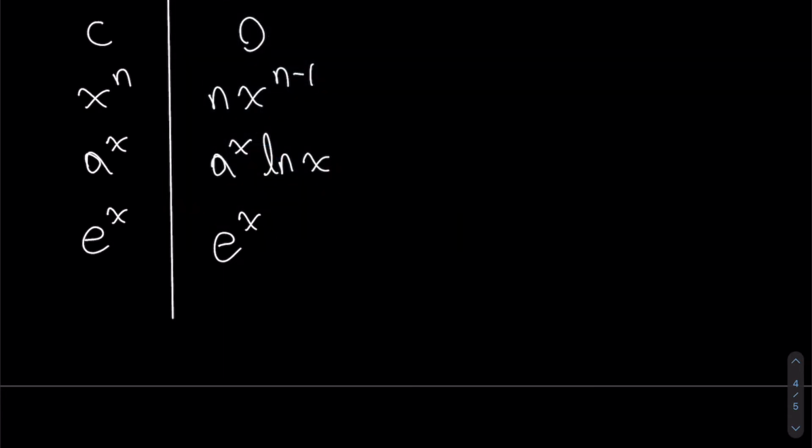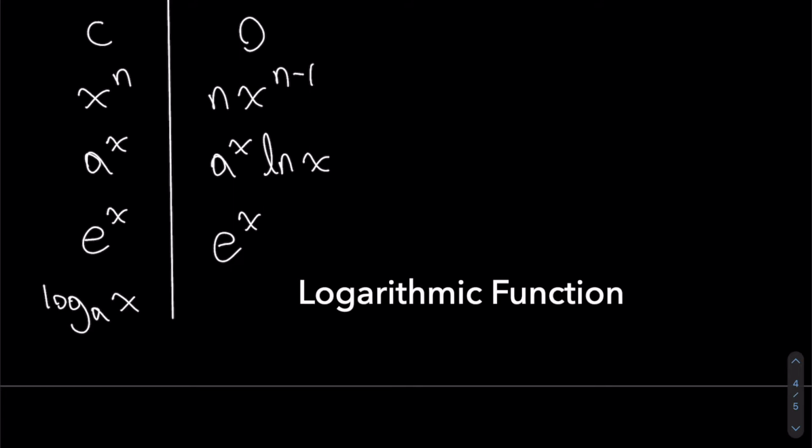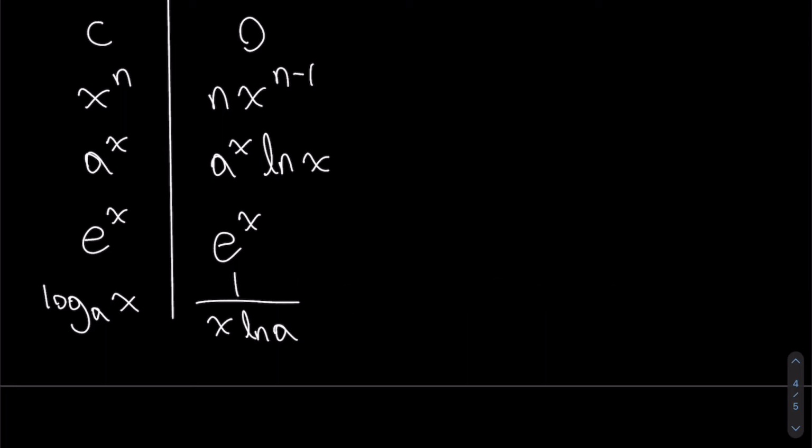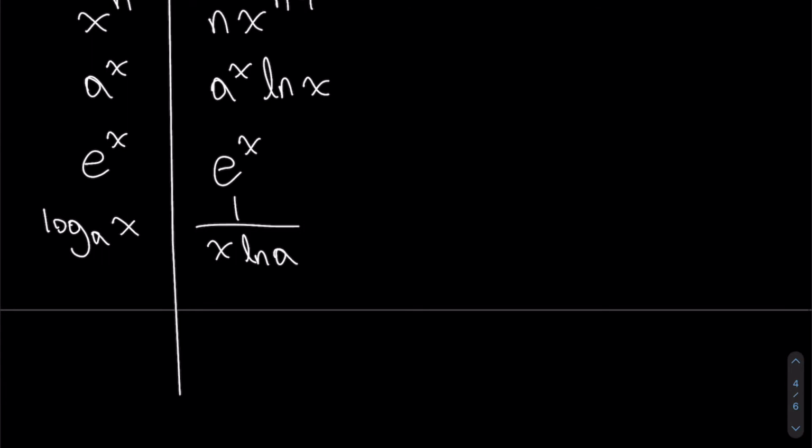Now the inverse of the exponential function, log base a of x, the derivative is 1 over x times ln of a. And the natural logarithm of x, the derivative is 1 over x.